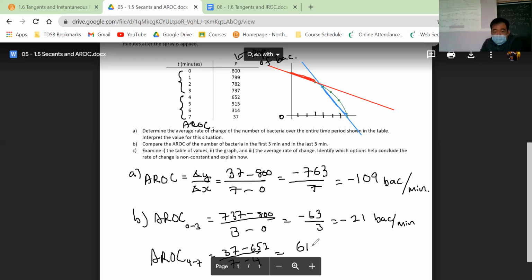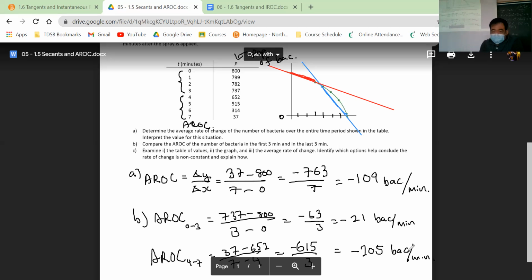Yeah. Which is negative 205. If I made a mistake, please let me know.